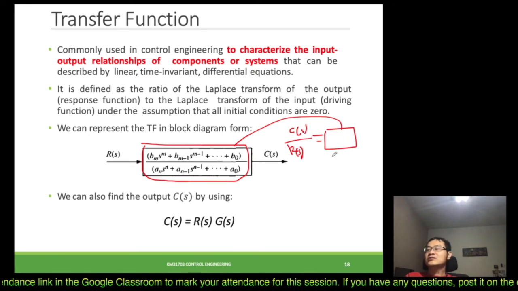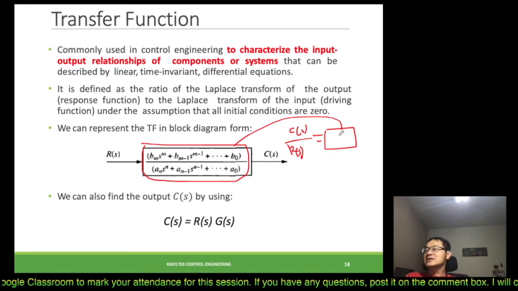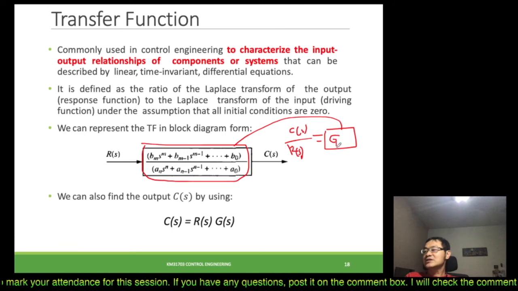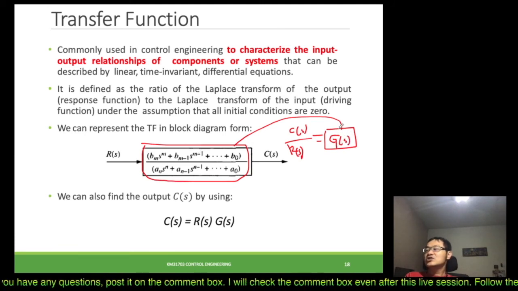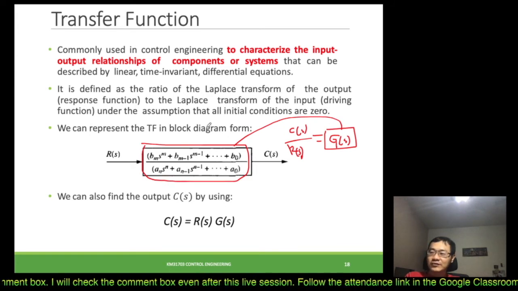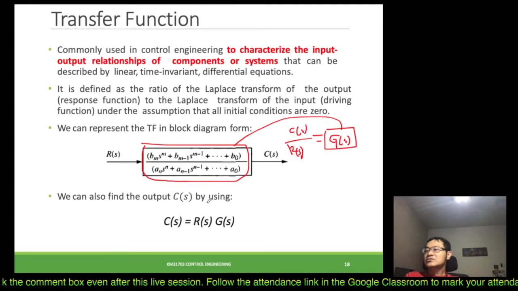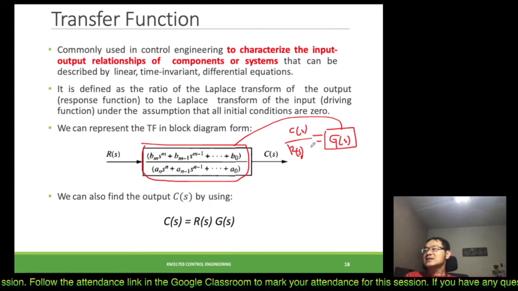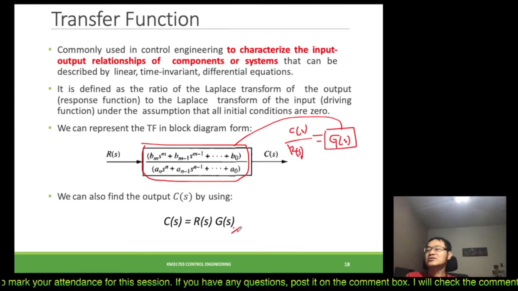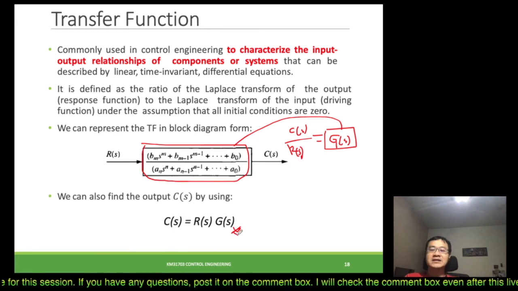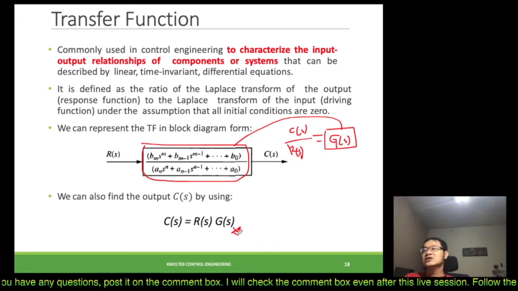Mathematically also, let's say this is our transfer function given by G(s), which is this complex partial fraction. So the output now, the C(s), is equal to G(s) multiplied by R(s), right? So these are the basic ideas of the transfer functions.